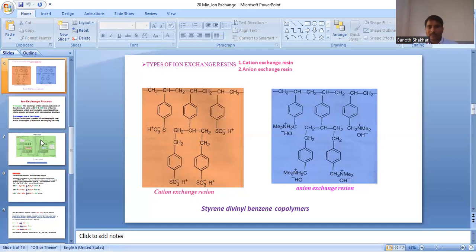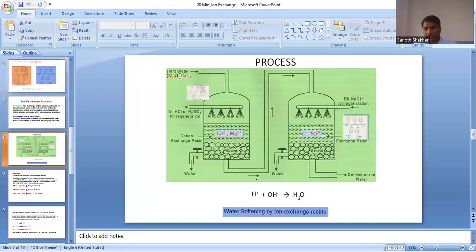Hardness means, for example, magnesium chloride, Mg2+ and Cl-.